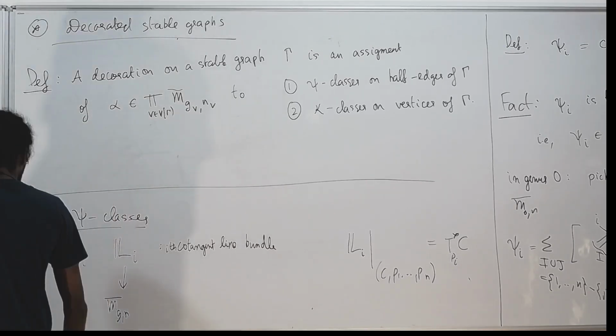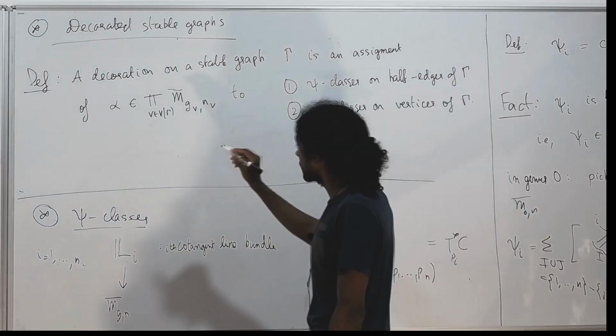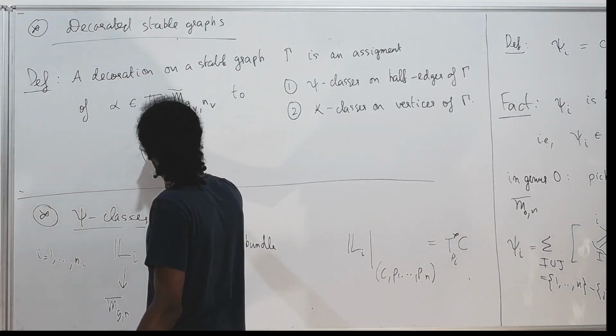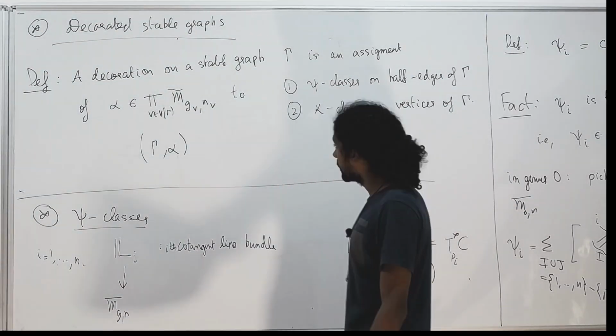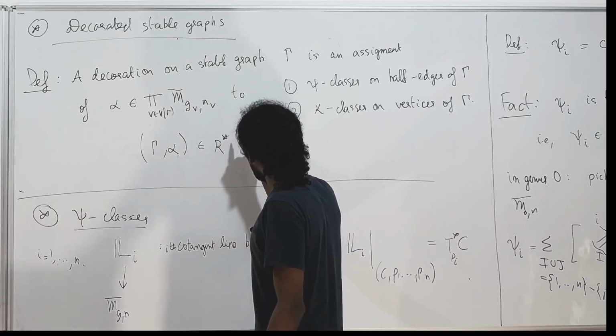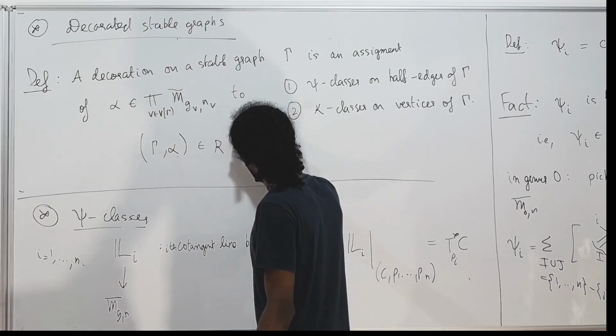I will denote the notation for this. And these are also tautological classes, R H star.